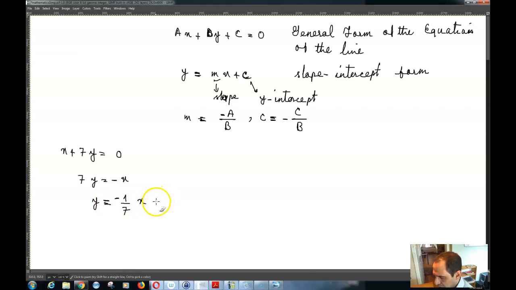And you can see that the y-intercept is equal to 0 here, and your slope is equal to negative 1/7.